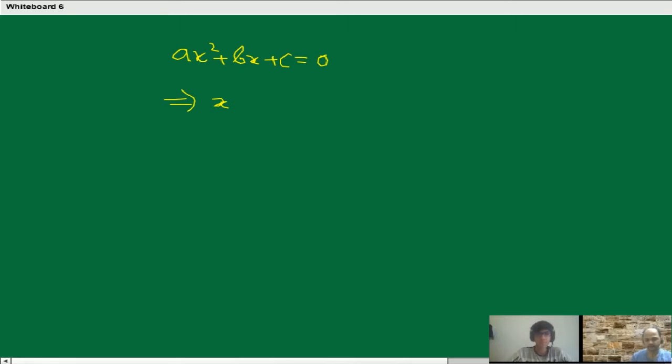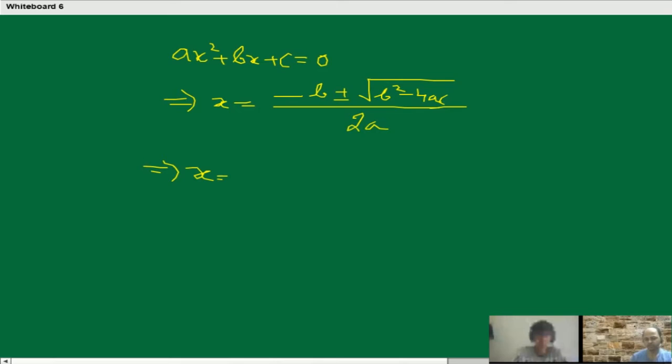Yes, definitely. So the quadratic formula helps us to solve any kind of quadratic equation. It doesn't matter whether we are going to find factors so that we can do middle term splitting or not. So here, x equals minus b plus or minus the square root of b squared minus 4ac, over 2a. So it means there are two values of x.